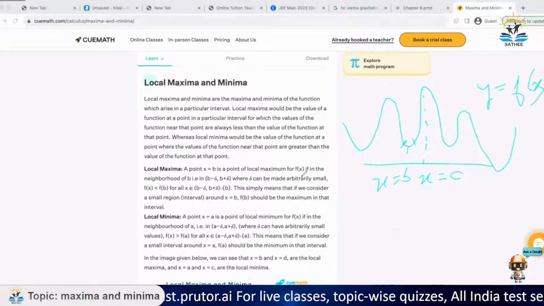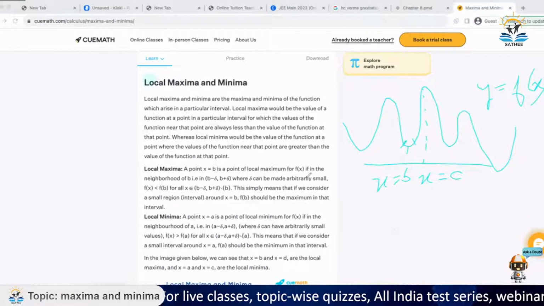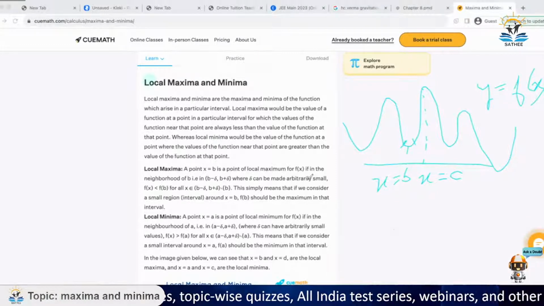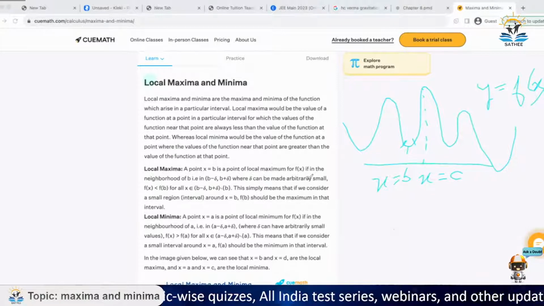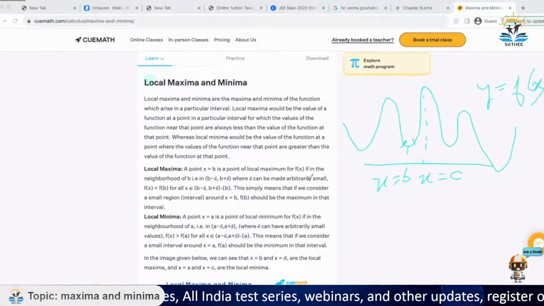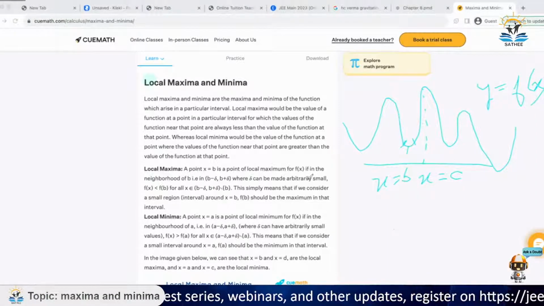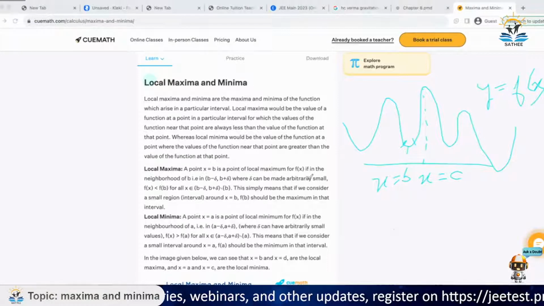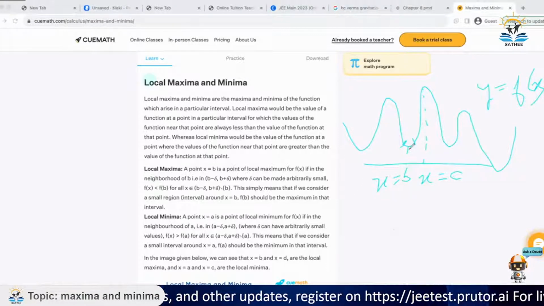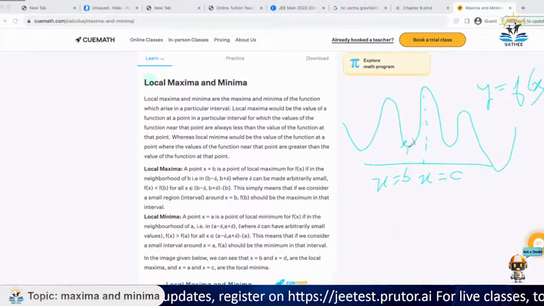Okay, fine. An important point that needs to be noted while talking about local maxima and local minima is that a local minima is not the leastmost value in the entire function. There can be a value which is less than this local minima. Suppose this point x is equal to b is a local minima.